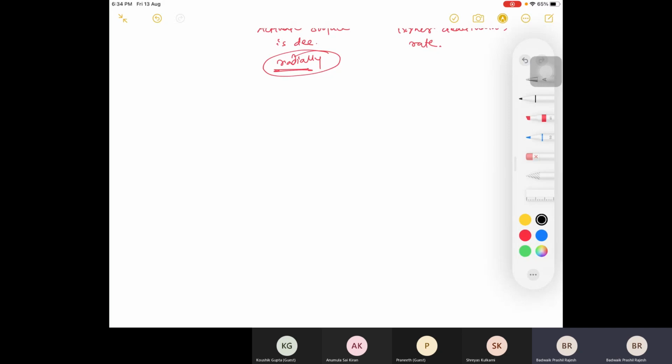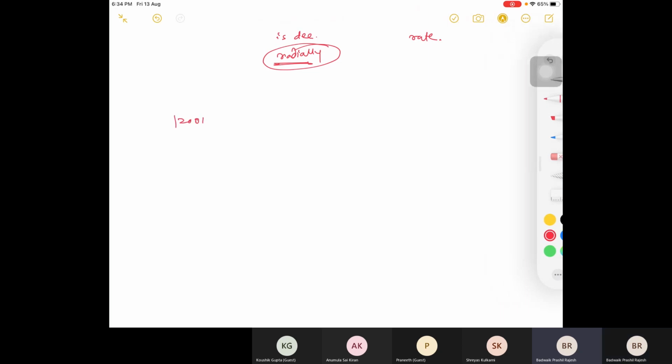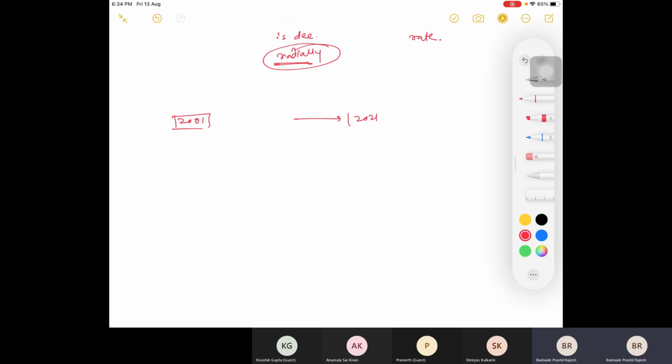Then I told you how to write the rate. Then what is next? Oh yeah, suppose I bought one car in 2001 and now it is 2021. The performance of the car in 2001 is X and the performance of that same car in 2021 is Y. This is a few years back, and this is right now.